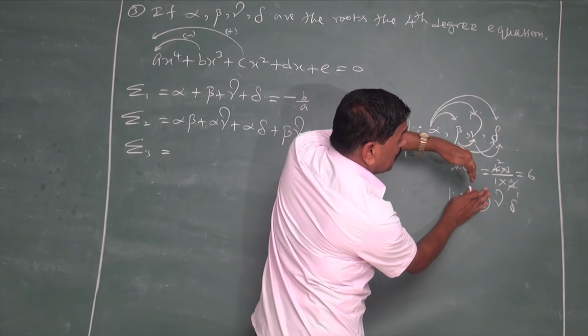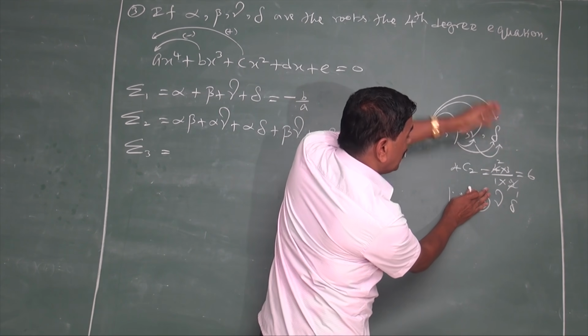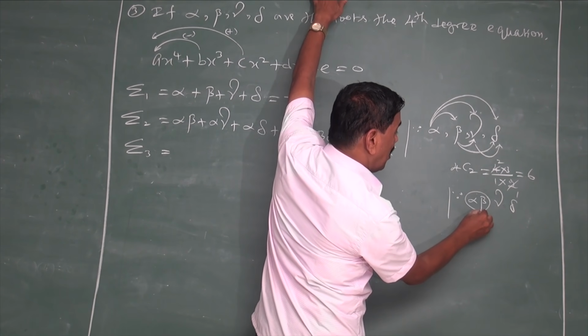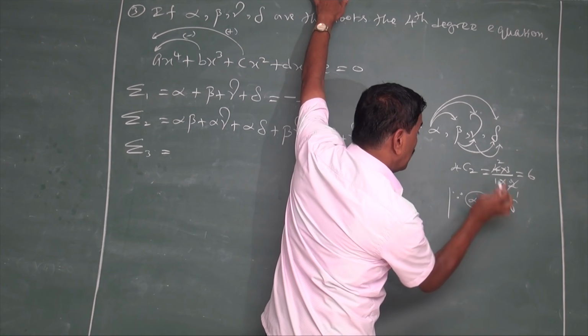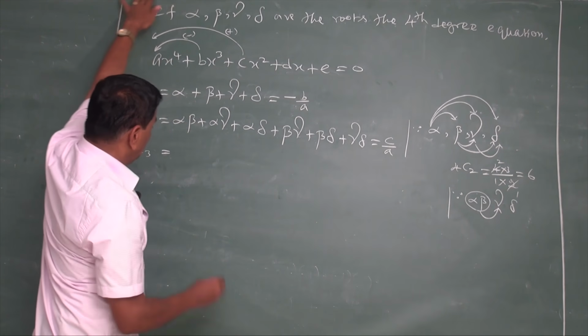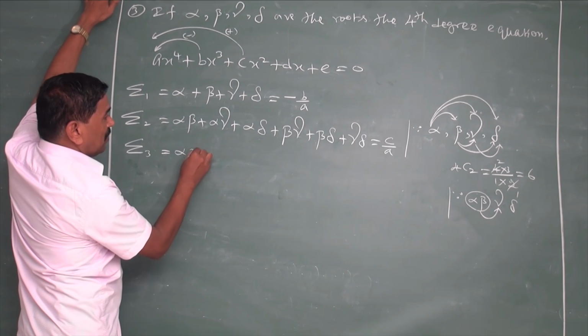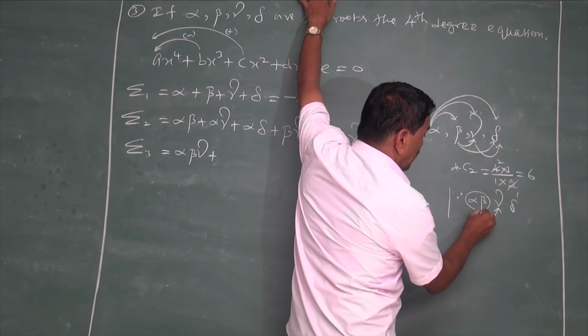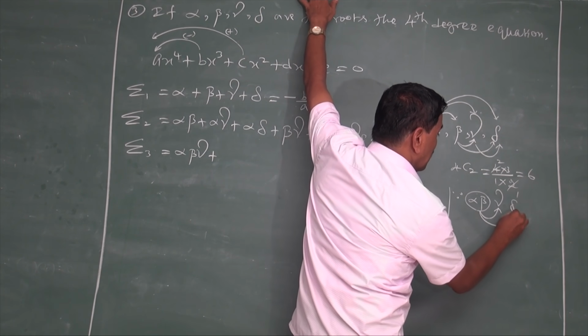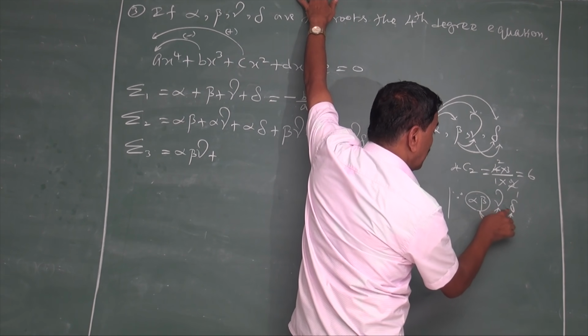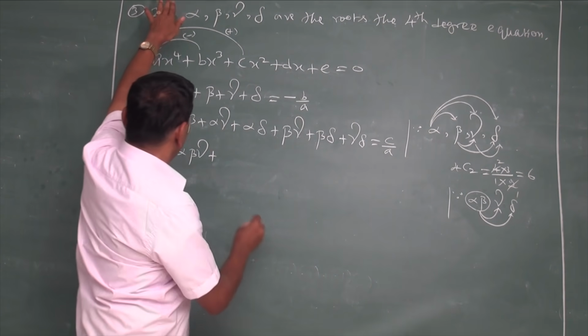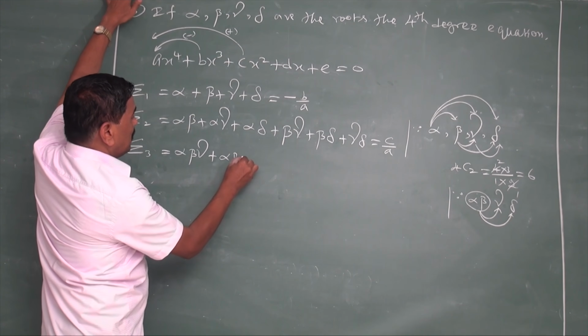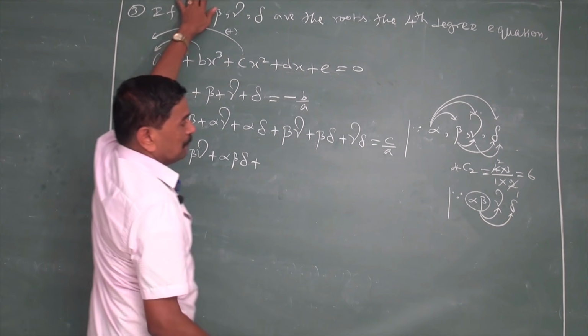This group is combined with the 2 elements on the right side, that is alpha beta into gamma, plus alpha beta into delta, plus.